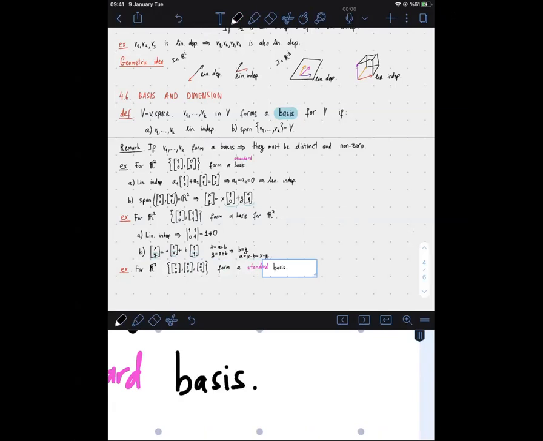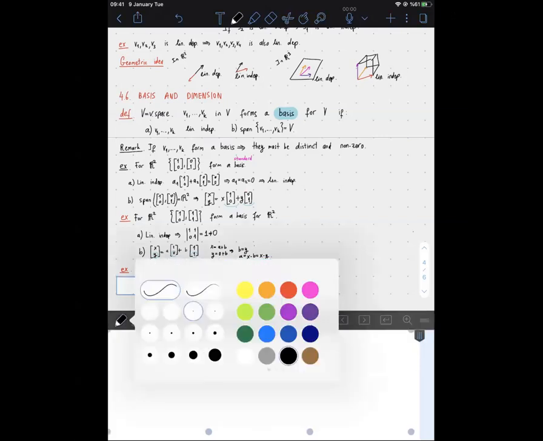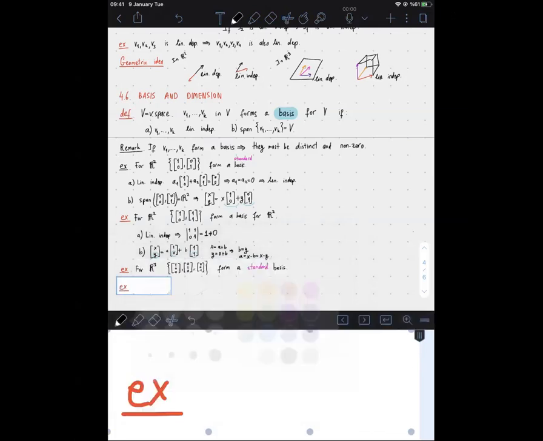Okay, so this idea can be generalized to Rn, the vector space of n-vectors. Let's talk about some different examples. Let's talk about a basis for the vector space of polynomials. Let V be P2, the set of polynomials of degree less than or equal to 2.